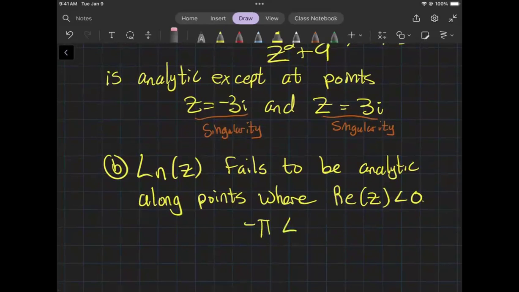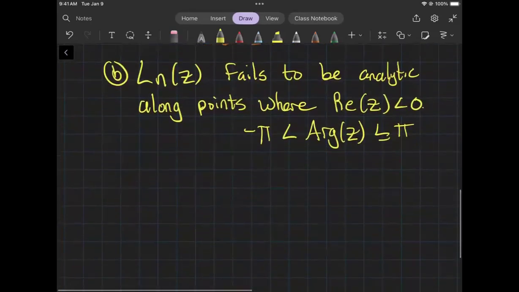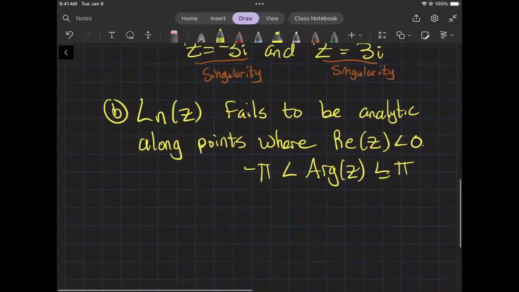So the principal argument, the angle, we left out minus pi, okay, minus pi to pi. That referred to the principal branch of the logarithm, right? So those are examples of points that are singularities, okay?